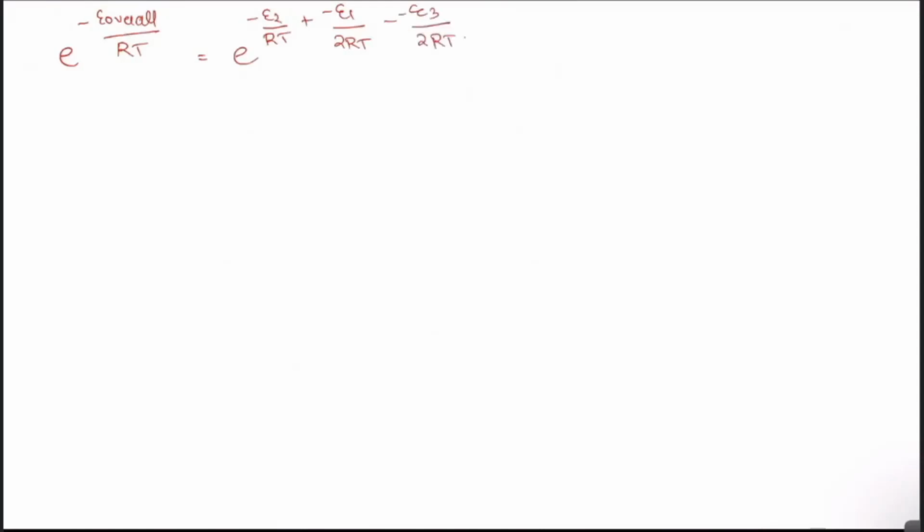So now we can just equate the exponentials, or the powers of this e. We can write the equation as minus E overall by RT is equal to minus E2 by RT plus minus E1 by 2 RT minus E3 by 2 RT.